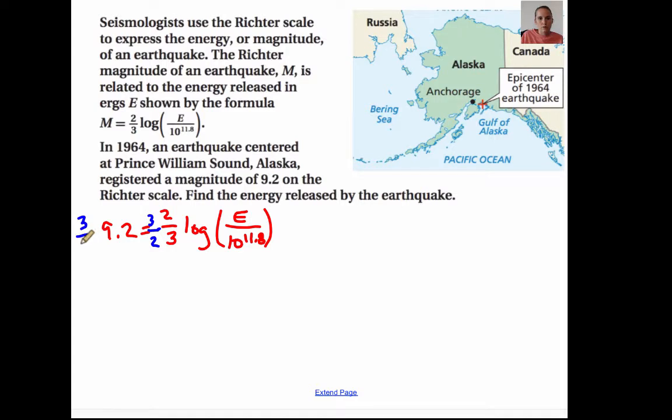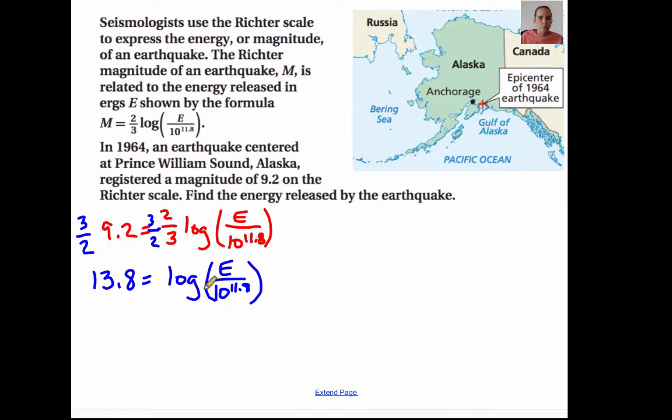In my calculator, I need to say 3 divided by 2 and multiply that by 9.2. And I got 13.8. So now I have 13.8 equals log of E over 10 to the 11.8 power.